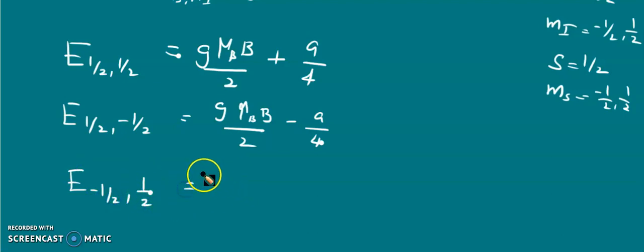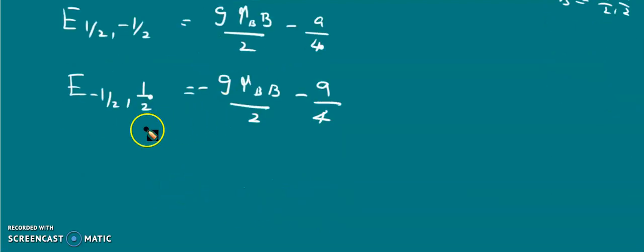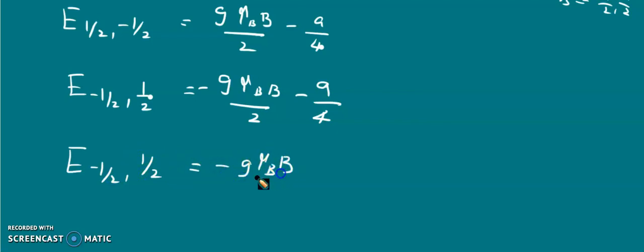Then the energy is minus g mu B by 2 minus A by 4. And we have the fourth combination, that is ms is minus half, mi is also minus half. So we have minus g mu B by 2 plus A by 4, since minus half into minus half gives A by 4. So these are the four possible values of energy.